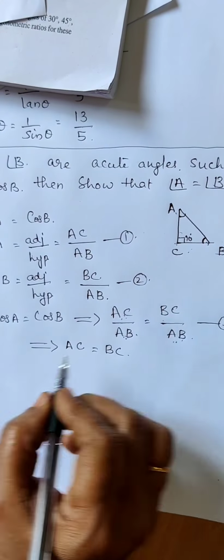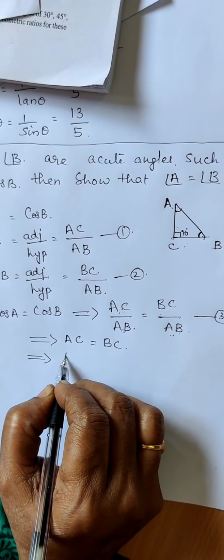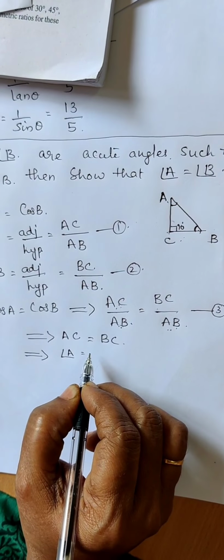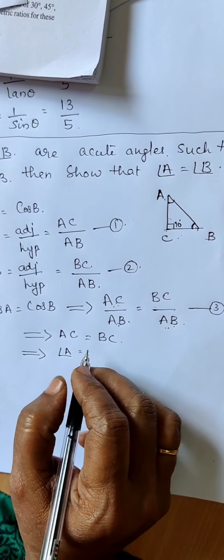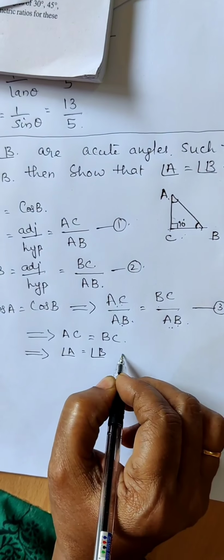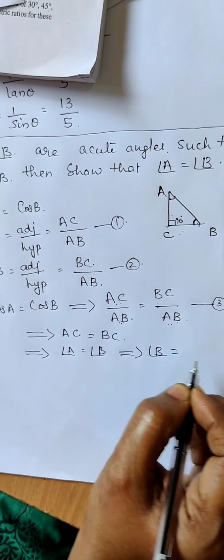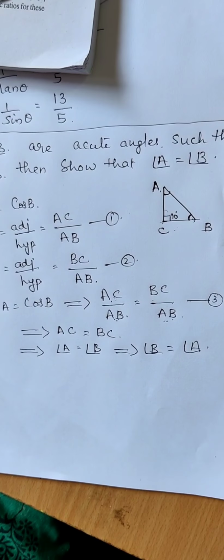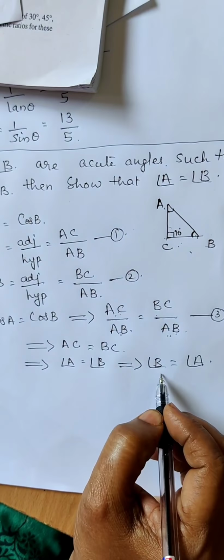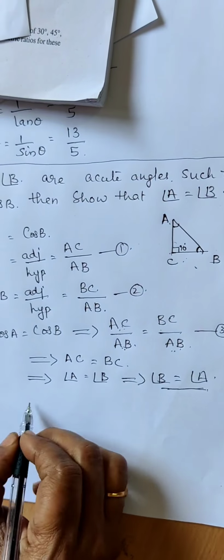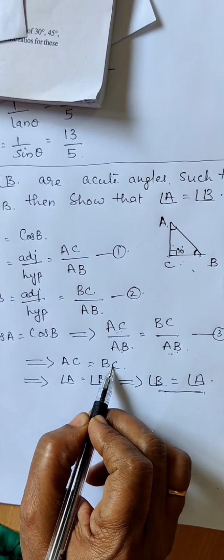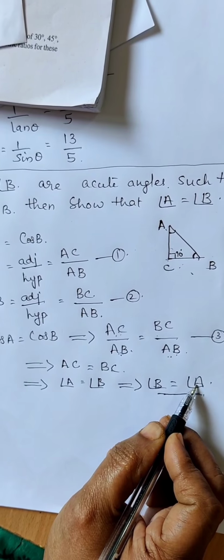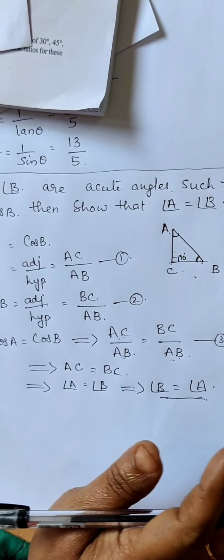So this again implies angle A is equal to angle B, or we can write angle B is equal to angle A. How are we able to write this? What we are saying here is AC is equal to BC, implying angle B is equal to angle A. One condition is there.